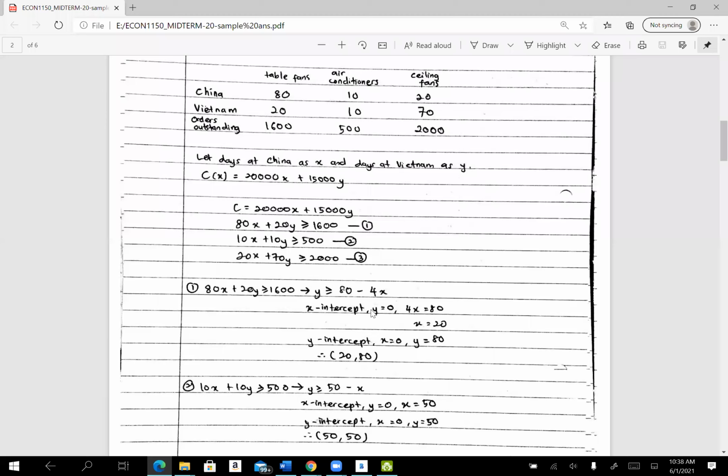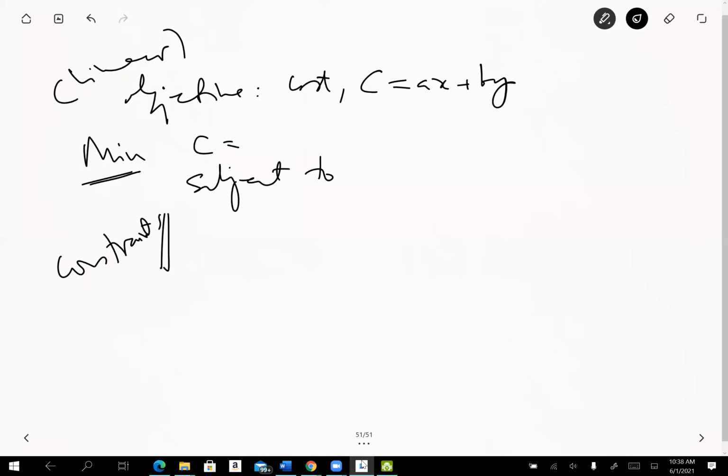The x-intercept is equal to 20, 0. Okay, it's not that one. So you find the intercepts. Okay, this is how you do the intercept.